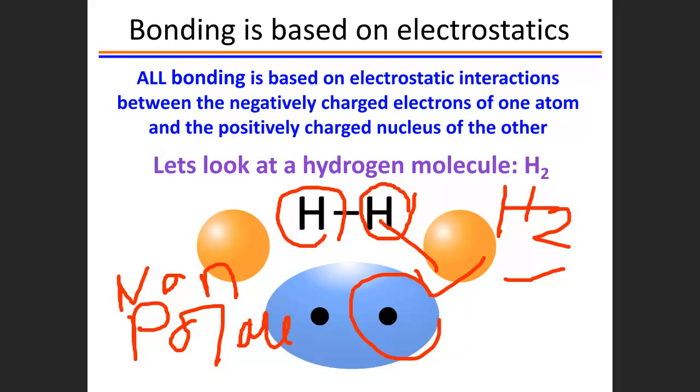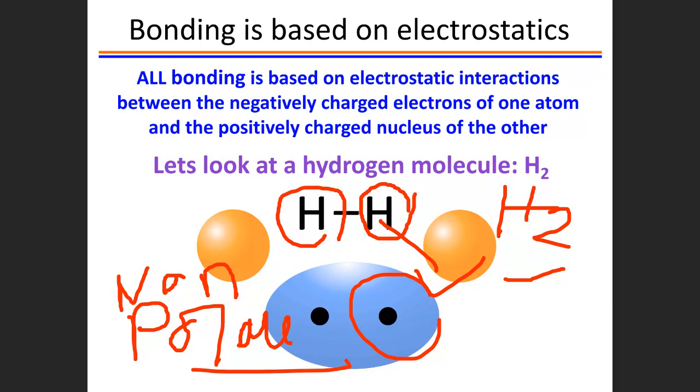That means the affinity of these two atoms to attract the electron is the same. Got it? They are both the same atom and their affinity, their charge, is equal. So that's why they are non-polar.